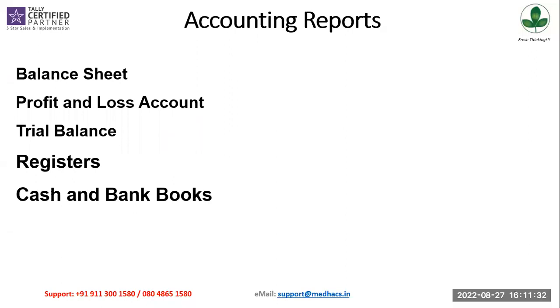Okay, then we have trial balance. We have various registers, sales register, purchase register, journal registers. Okay, so all the registers, you have cash and bank books, you have cash flow, fund flow statements. Okay, so there are a lot of reports that you can actually look at from the financial accounting system.